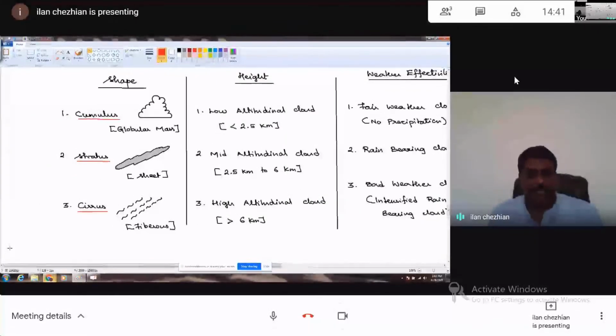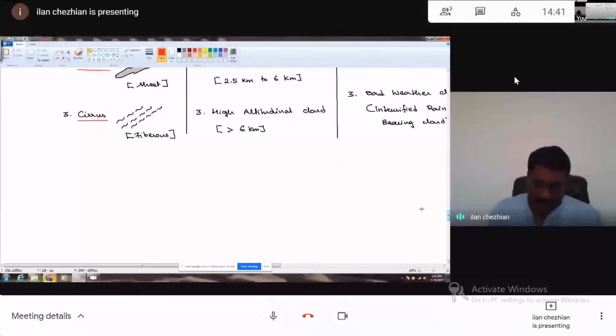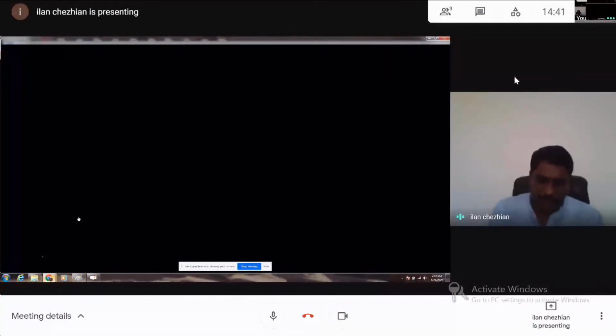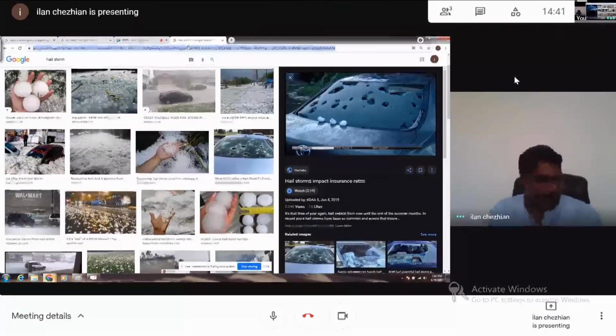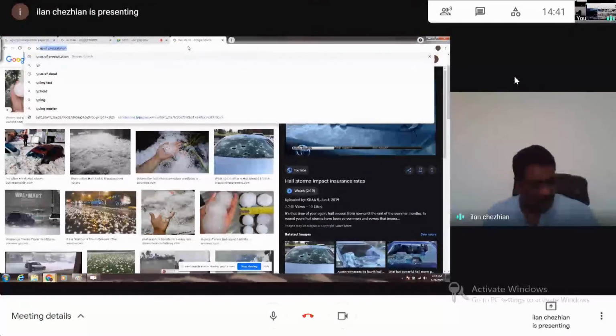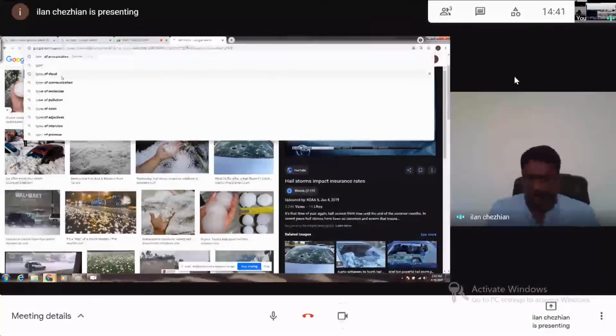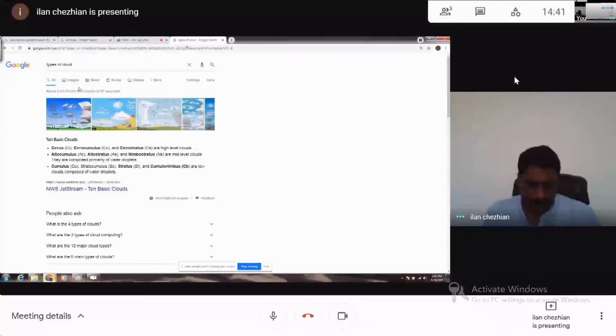Okay, see, nimbus itself is not a separate cloud, my friend. Only these clouds on intensification become nimbus. So if I'm putting it as types of cloud, majorly four.